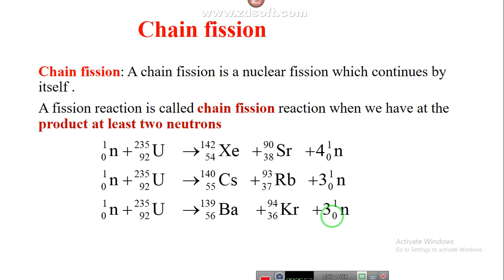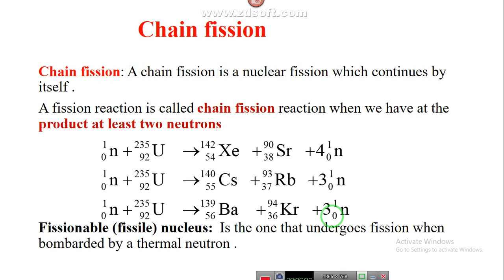When we have more than 2 neutrons in the product, we call this fission reaction a chain fission. A fissionable nucleus is one that undergoes fission when bombarded by a neutron. Here, uranium is called fissionable.